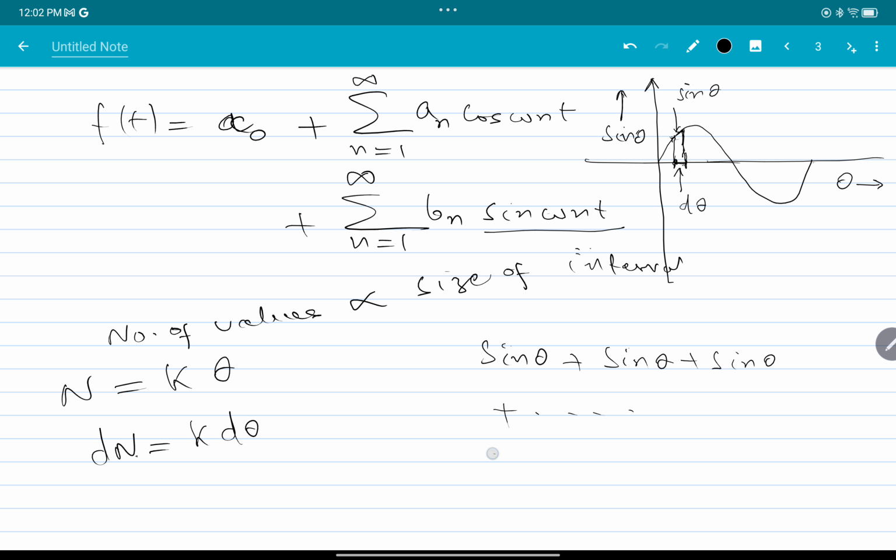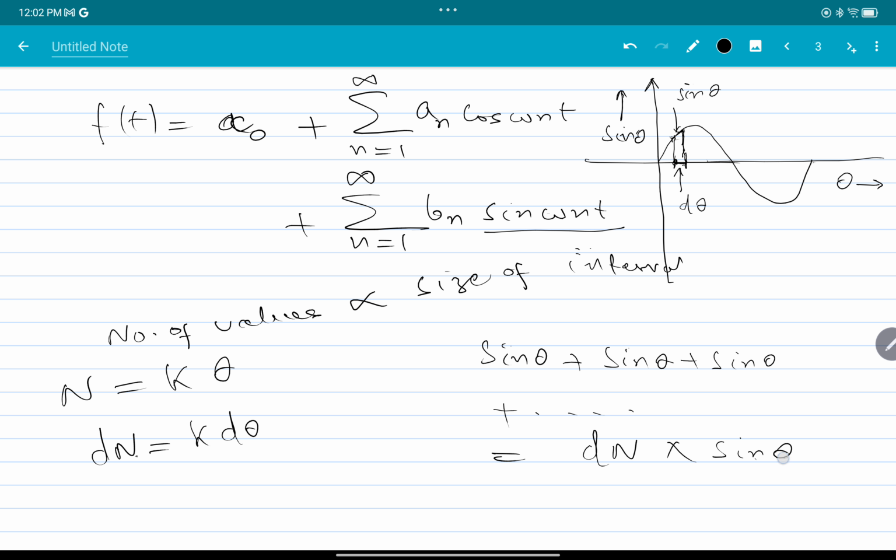So I can write it here. How many values do I have? I have dn values in this small interval, and with those dn values, the sum of all the sine theta values in this interval will be dn times sine theta. If there had been only one value, the sum would have been sine theta.